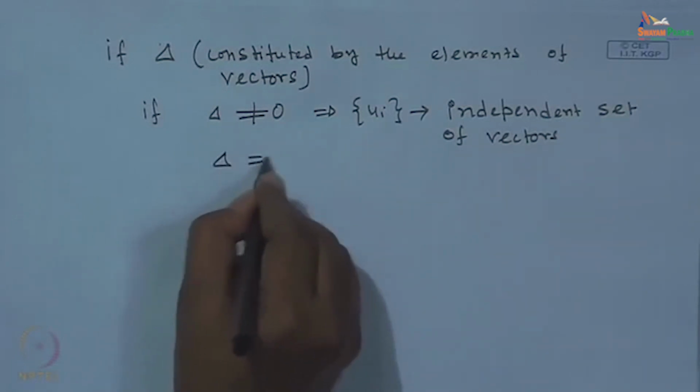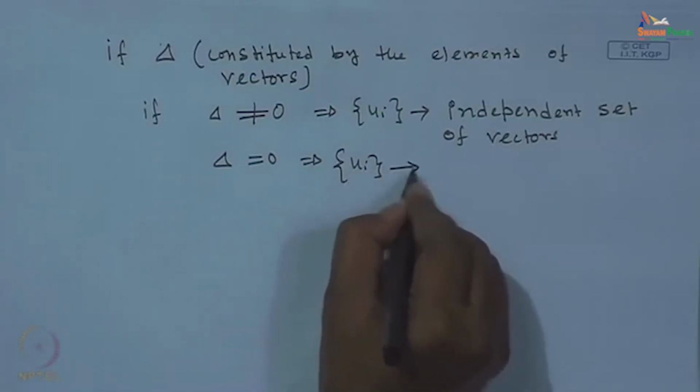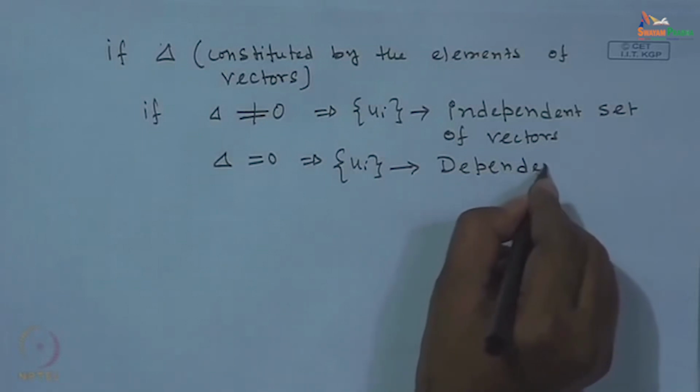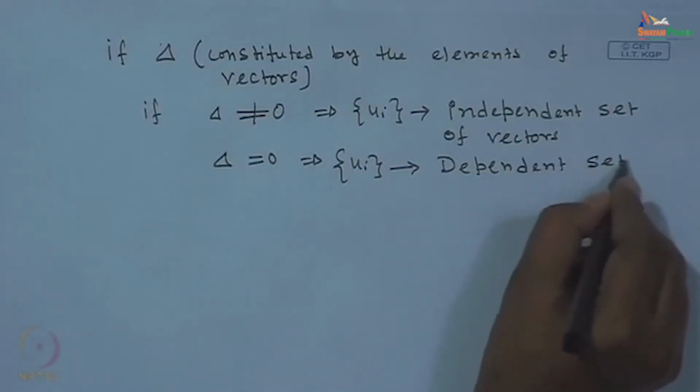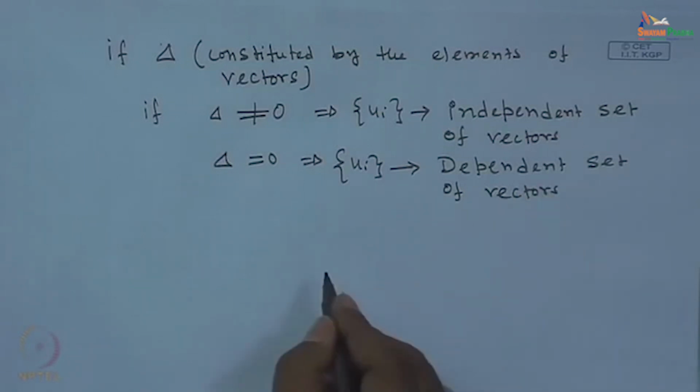If the determinant is equal to 0, then this set of vectors is a dependent set of vectors. So, given a problem, we can identify the determinant constituted by the corresponding coefficients of the elements of the vectors, and we can go about it.